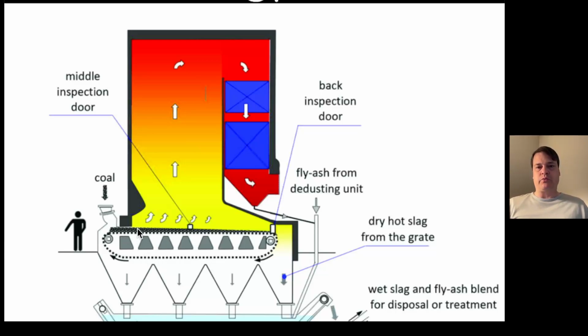The grate moves very, very slowly, and air is forced up through the grate, and the coal burns on this grate, and ash falls down into a hopper and a water trap, which is then landfilled.